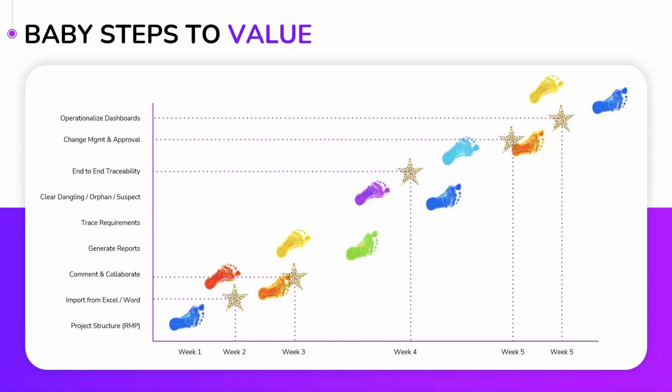And then the next few steps for you: I can easily generate the reports I want. I can trace requirements. I'm able to identify where there are dangling and orphan and suspect requirements. And more importantly, I can prove end-to-end traceability. That's a milestone, right? And then you can define your change management approval process and operationalize dashboards.